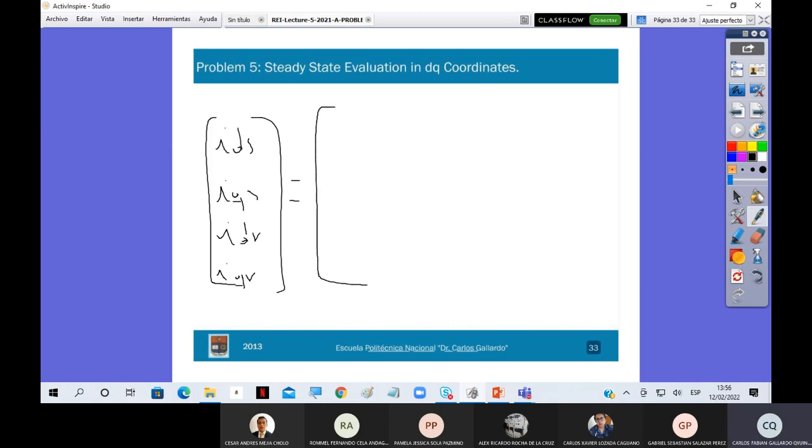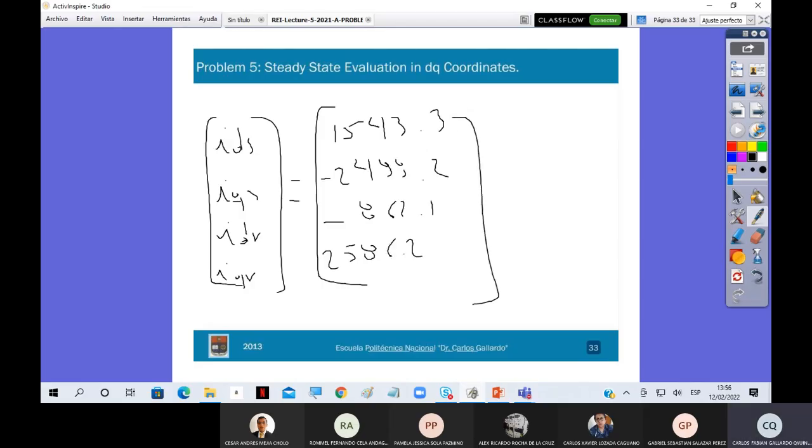Okay, so computing these values, I will have 1,543.3, 2,499.2, 800, 62.1, 2586.2. Okay. So notice that the rotor currents are referred to the stator side.